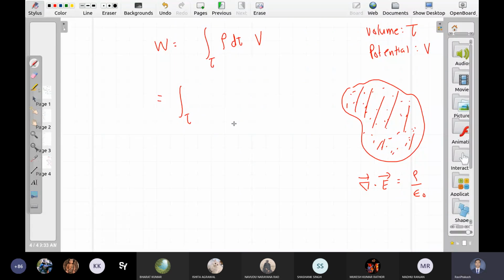So charge density produces some electric field. This is the connection. So there is half here, right? We missed half. So epsilon naught del dot E into V d tau. One minute. There is an integral here. Let me see what is that.